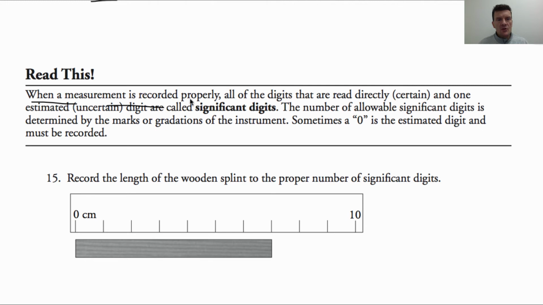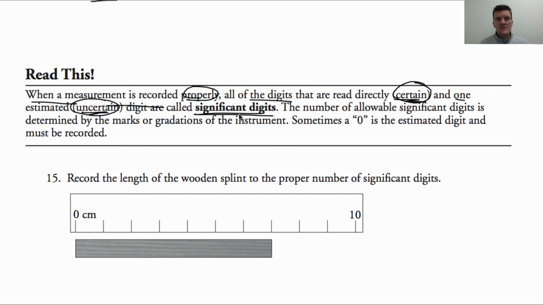When a measurement is recorded properly, all of the digits that are read directly, the certain ones, and the one estimated, the uncertain one, remember, you are going to record everything that is certain, and then you get to write down an estimated value, the one that you're not quite certain about. All of these digits are called significant digits. They are important in the measurement of whatever you are measuring.